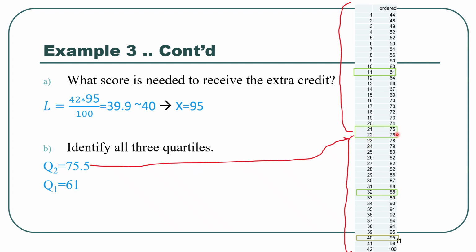Exactly in the middle, I have 10 above it and 10 below it, 1, 2, 3, 4, 5, 6, 7, 8, 9, 10. So this value is in the middle because in the top 50% of my data it has 10 above it and 10 below it, so it is 88. So that value would be my Q3.